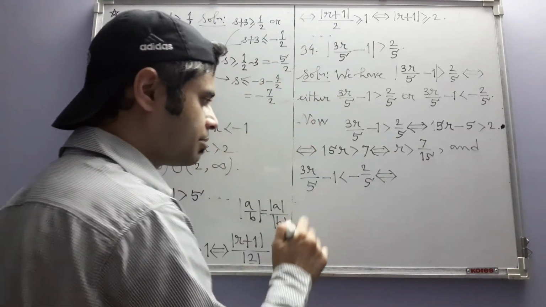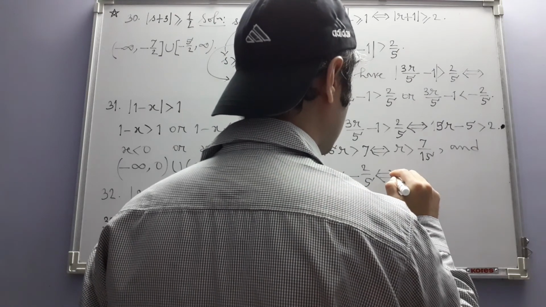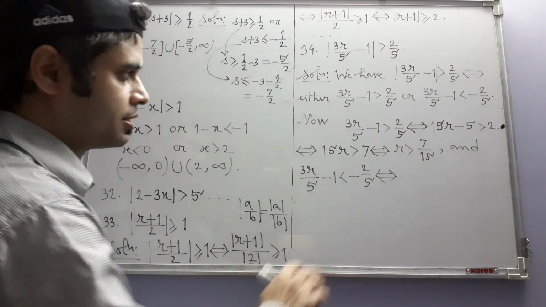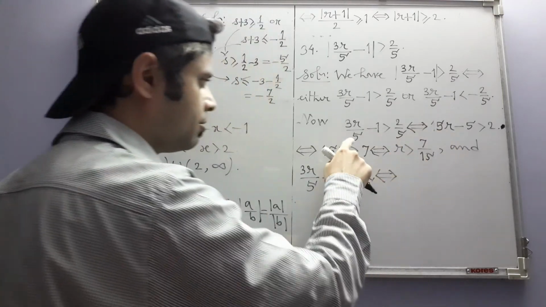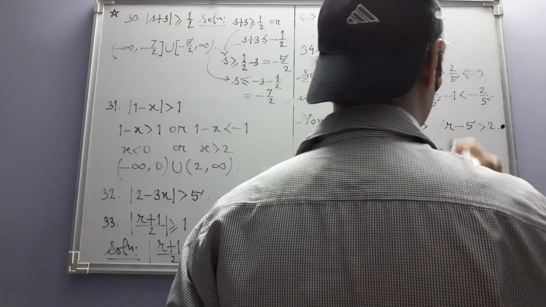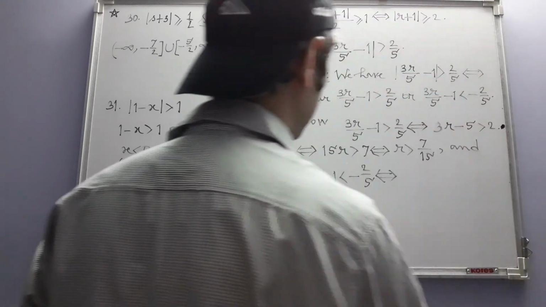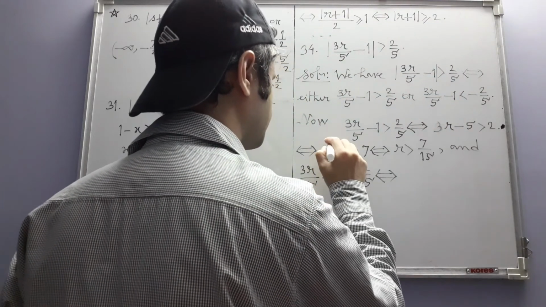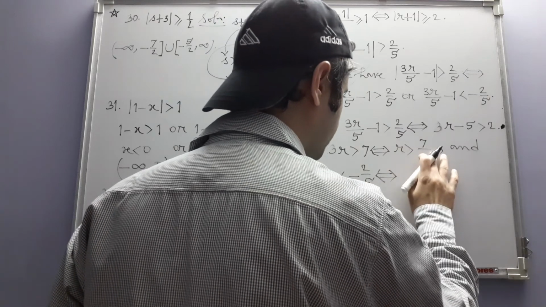Here also we can multiply by 5, giving us, okay, see, I have made a mistake. I have multiplied by 5, so this will not be 15, because 5 will cancel itself and we will have 3r. How awfully.